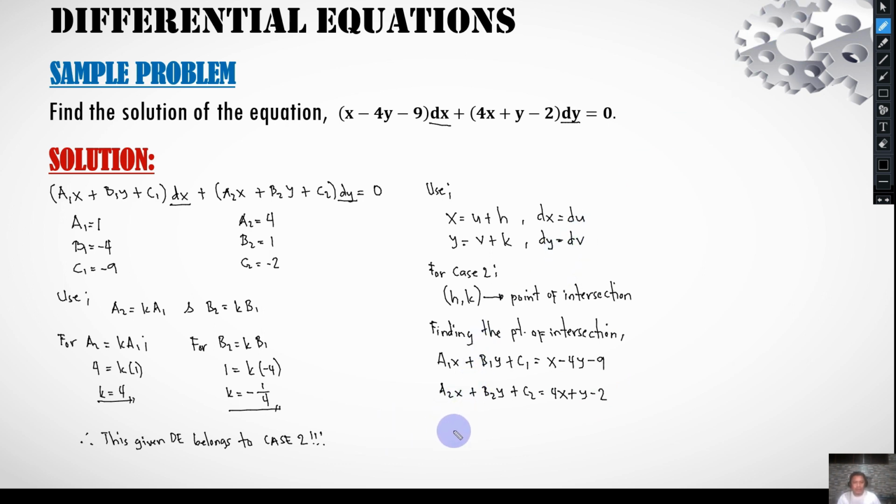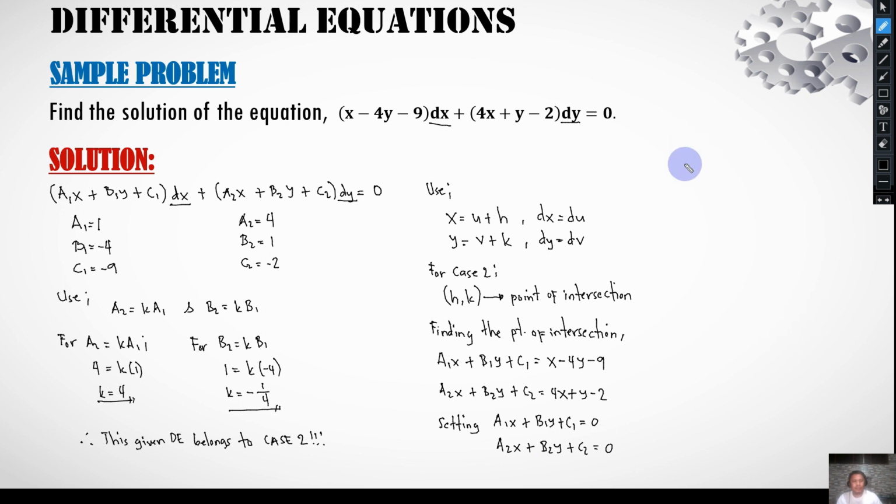So, after this one is, isi-set natin, no? Setting a sub 1x plus b sub 1y plus c sub 1 equal to 0. And also your a sub 2x plus b sub 2y plus c sub 2 is equal to 0.